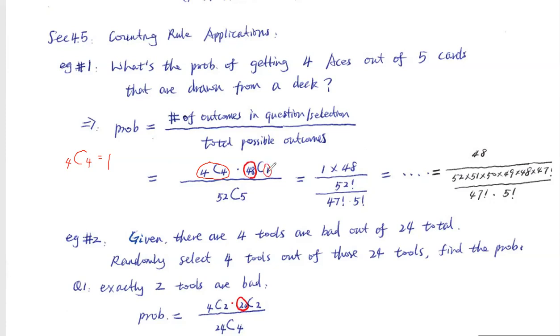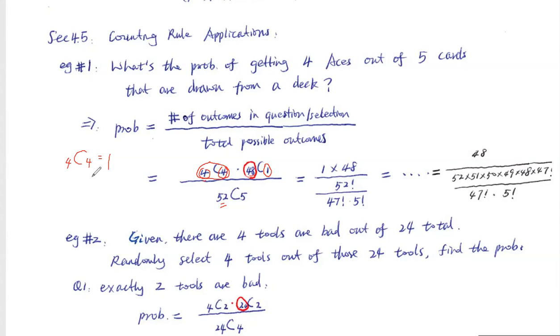We want to select one out of the left 47. Here, we want to select the 4A out of a total of how many A? 4A. Quantity of 4. Yeah. So this left side here is the total. Same as here. The left side here is the total. Is that clear? Yes, sir.